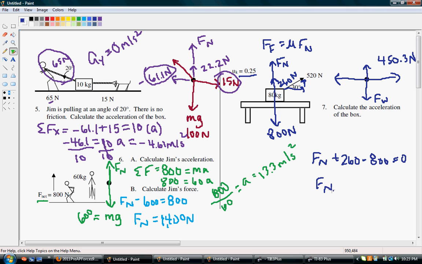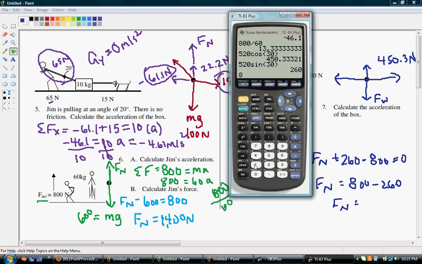So we can move the numbers over to the other side. It will be 800 minus 260. So the normal force will end up being 800 minus 260, which is 540 newtons.